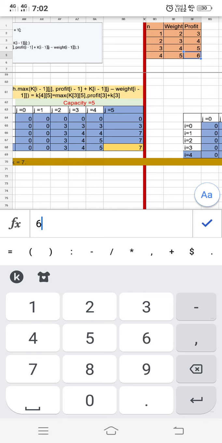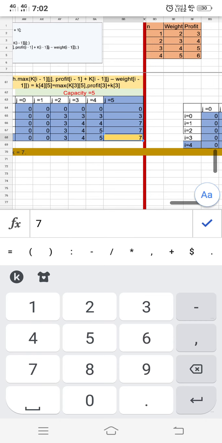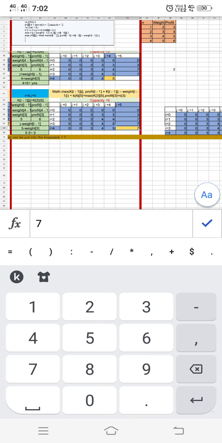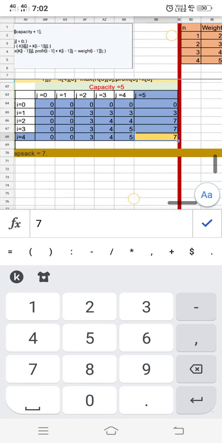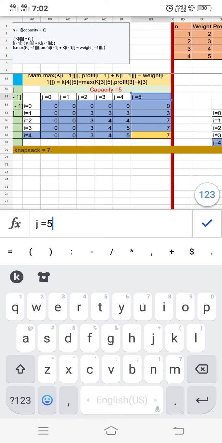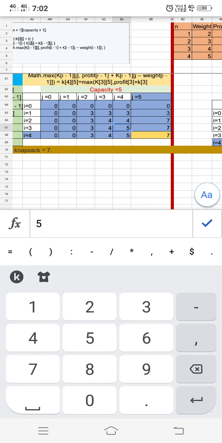So I will compare 6 and 7. 7 is the maximum, so this entry will get 7. Like this we can fill up the values directly. So for the values below j equal to 5, for i equal to 4, it will take the previous values as they are. 0, 0, 3, 4, 5 are the previous row values, which are copied as they are since j is less than 5.